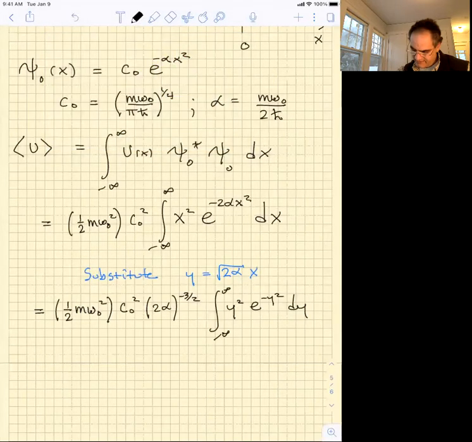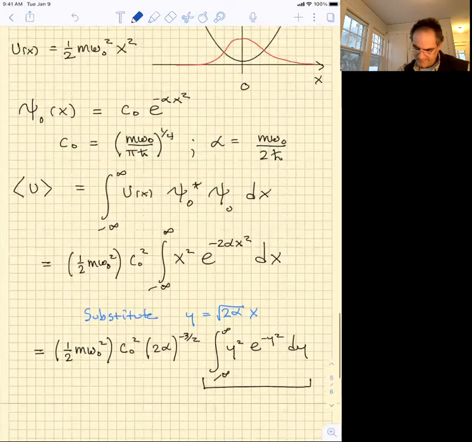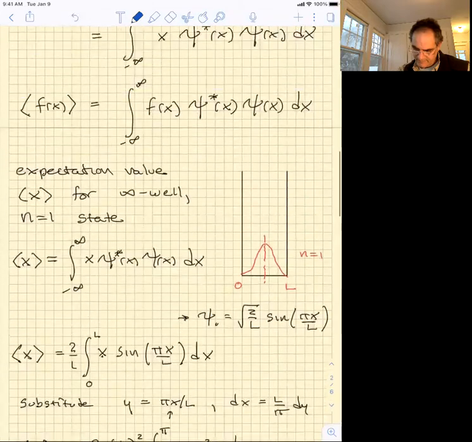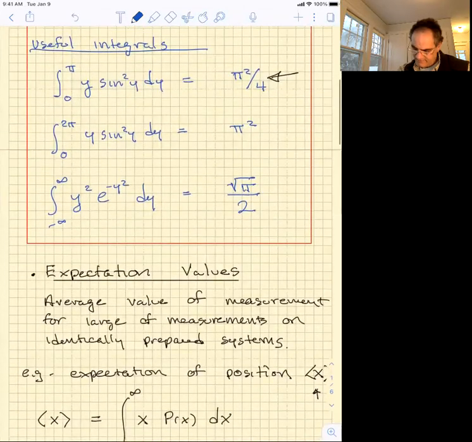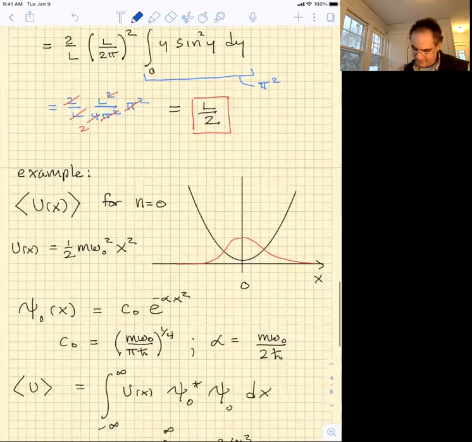And finally, this is another one of the integrals that we wrote down at the beginning of the class. Let's just go look it up. Here it is. So this is root pi over 2.